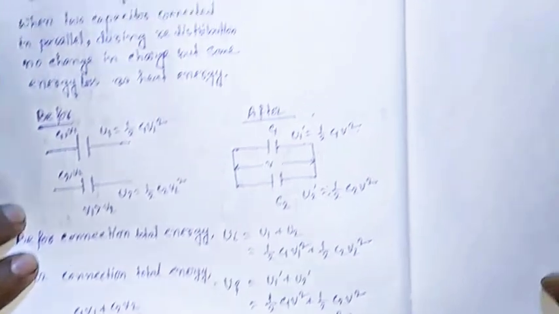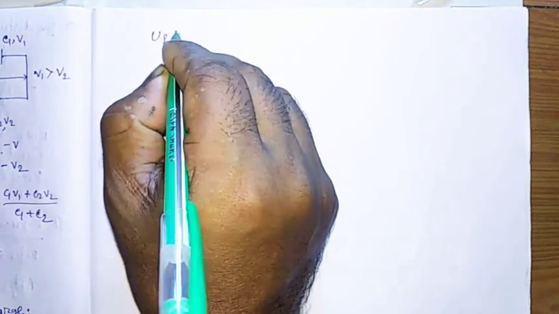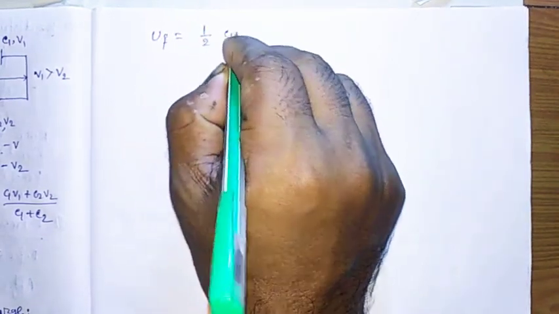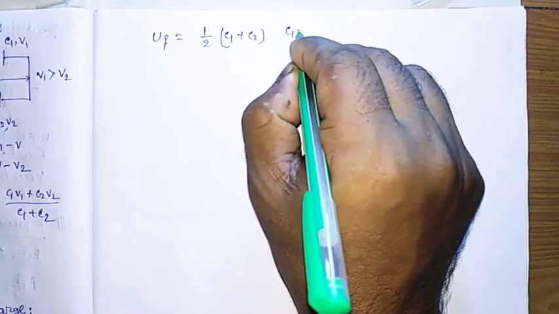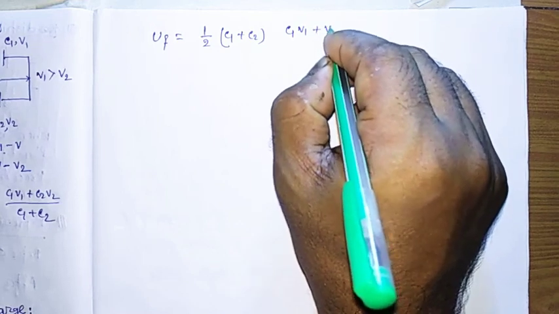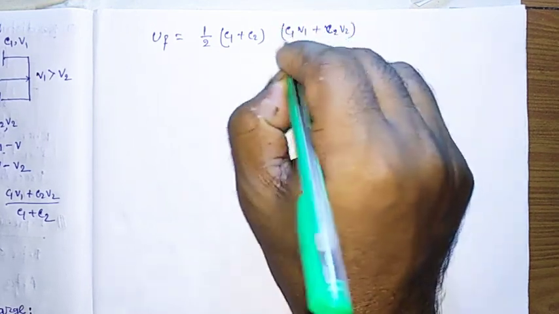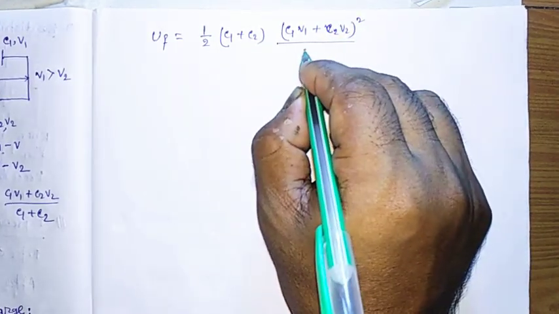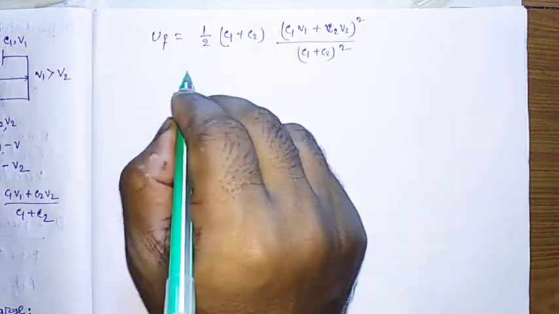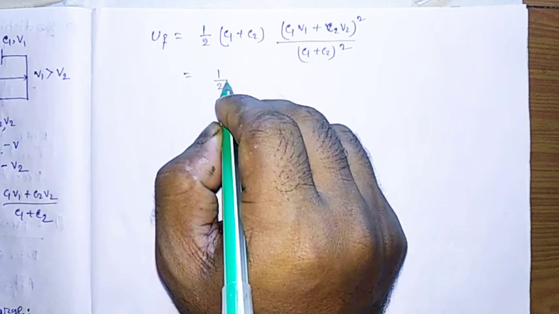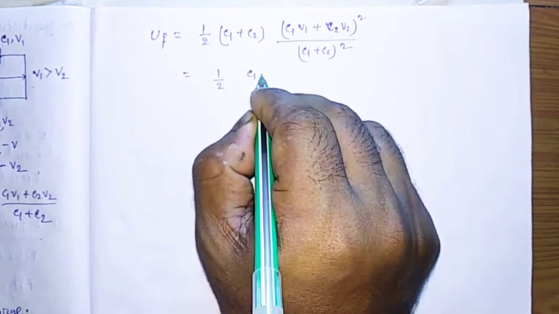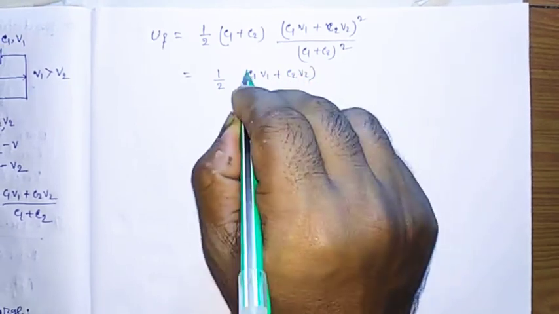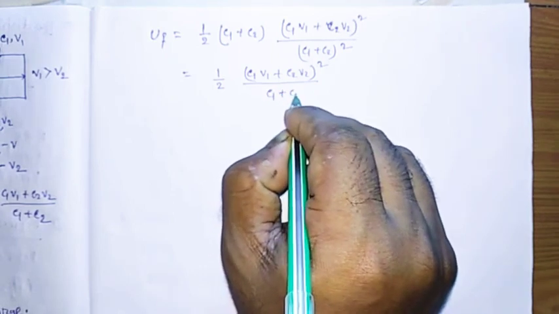So we can write Uf equal to half (C1 V1 plus C2 V2) whole square by (C1 plus C2).